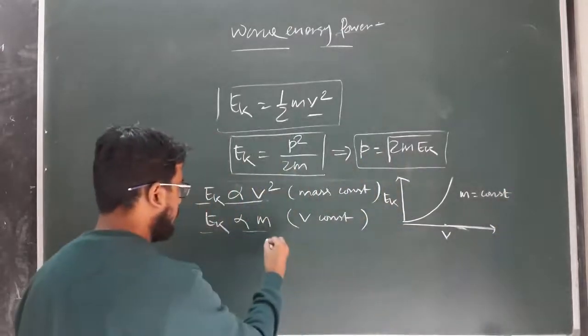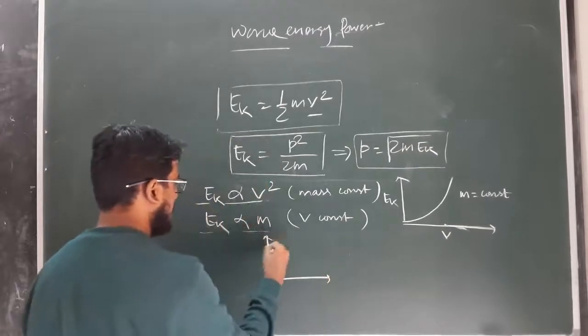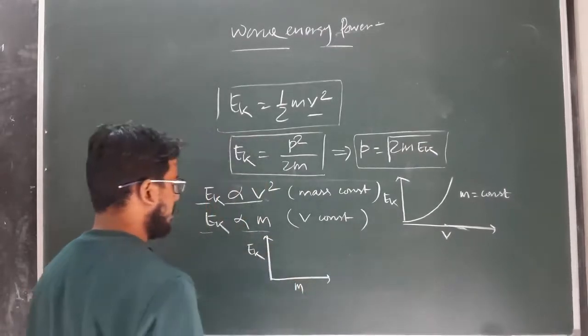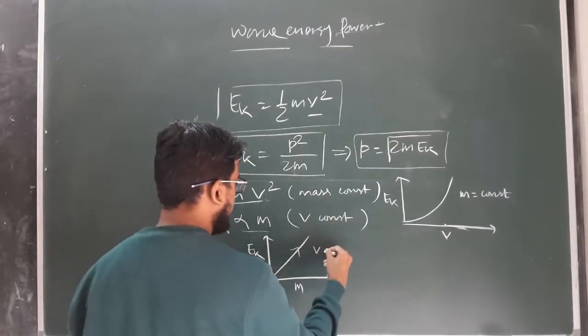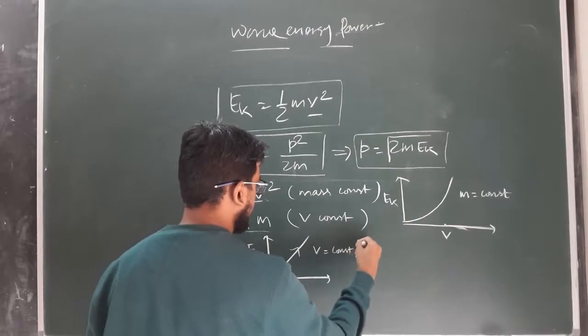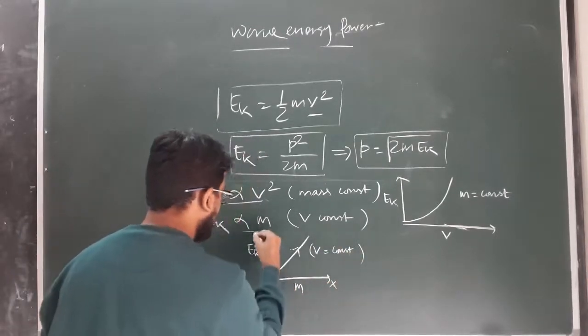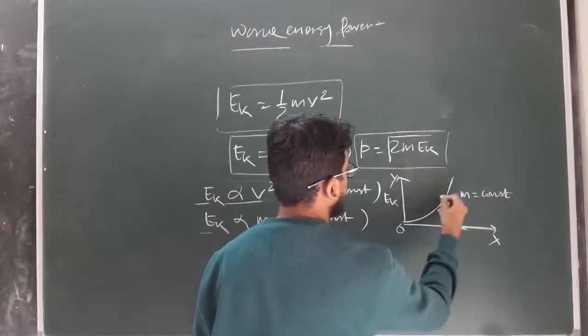What if we plot the graph between kinetic energy and mass when speed remains constant? The graph will be a straight line. Here speed is constant. So let this be the x axis, this the y axis, and here let this be the x axis and this the y axis.